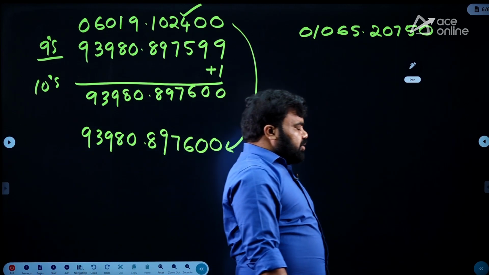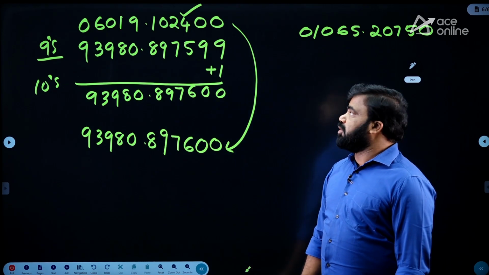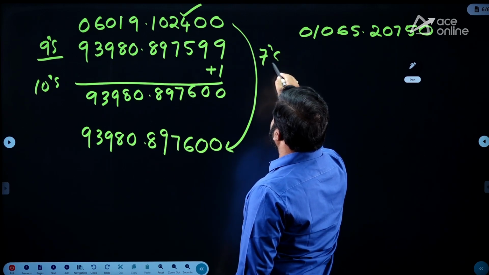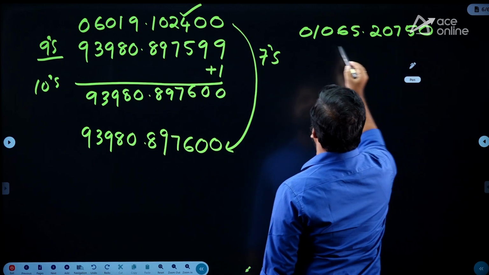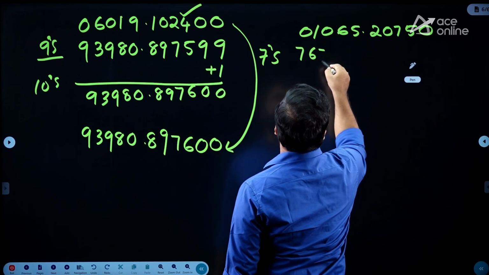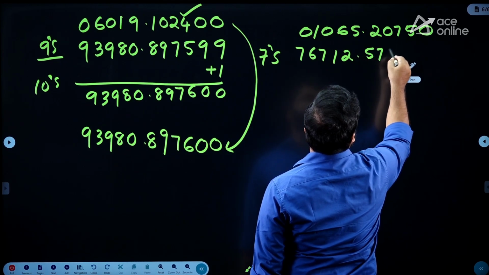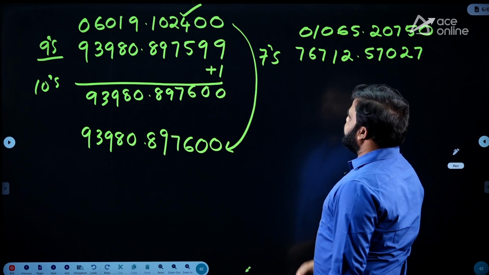To get 7's complement of an octal number, which is the r minus 1's complement, directly subtract all the digits from 7 itself. 7, 6, 7, 1, it is 2, it is 5, 7, 0, 2, 7. What is this here? 7's complement of the given octal number.